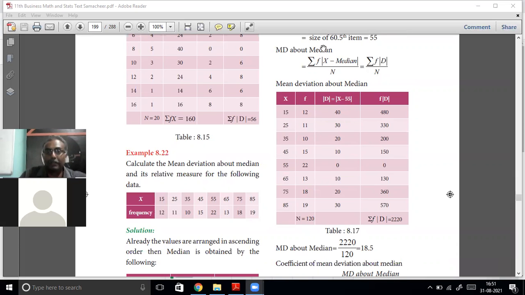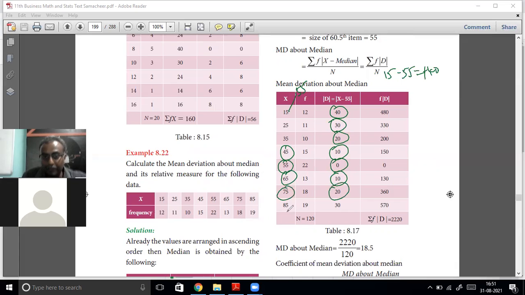So every time you have to do x minus 55. 5 minus 55 is 50... 15 minus 55 is 40. You should not take minus 40, you should put only plus 40. 25 minus 55, 30. 35 minus 55, 20. 45 minus 55, 10. 55 minus 55, 0. 65 minus 55, 10. 75 minus 55, 20. 85 minus 55, 30.